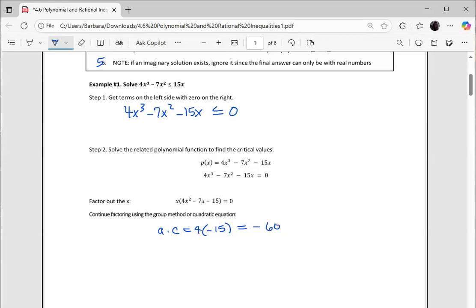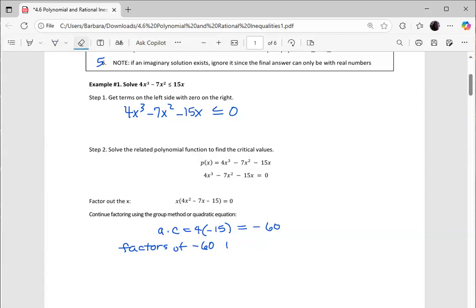And we're looking for factors of negative 60 whose sum is negative 7x.